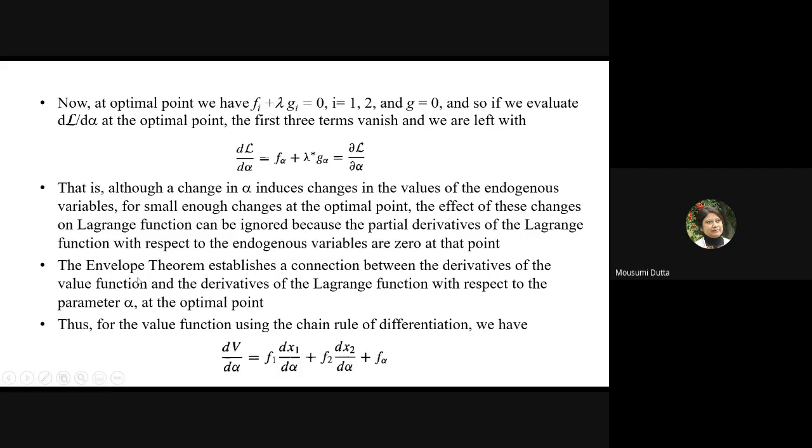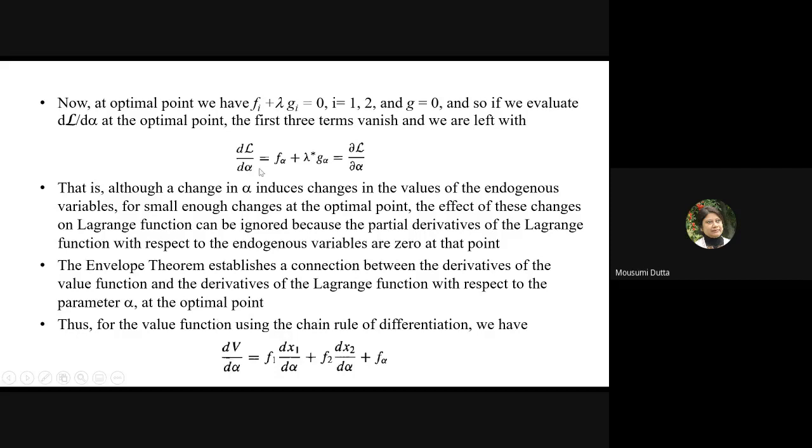Okay. The envelope theorem establishes a connection between the derivatives of the value function and the derivatives of the Lagrange function with respect to the parameter alpha at the optimal point. That is, we can show that dV by d alpha is equal to dL by d alpha at optimum.